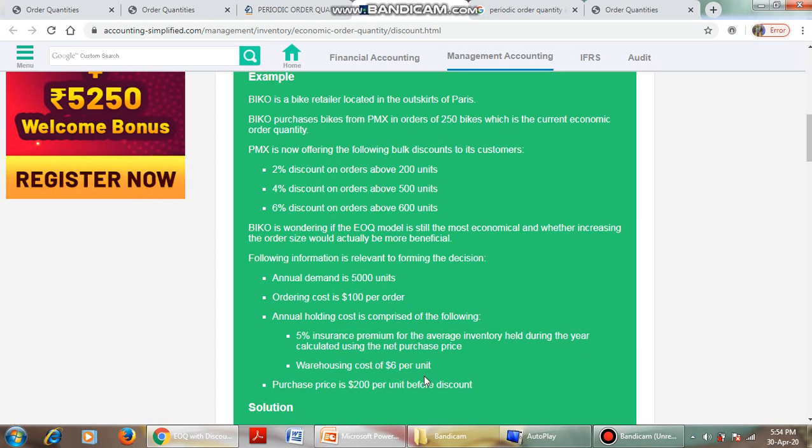That is, if he keeps them in the warehouse, he has to pay 5% insurance premium, and he has to pay $6 per unit for the warehouse, for the godown. Okay, purchase price is $200 per unit before discount. Before discount, what is the purchase price? $200 per unit before discount.